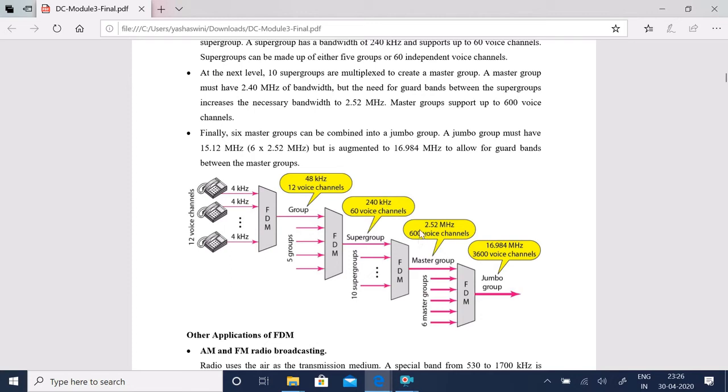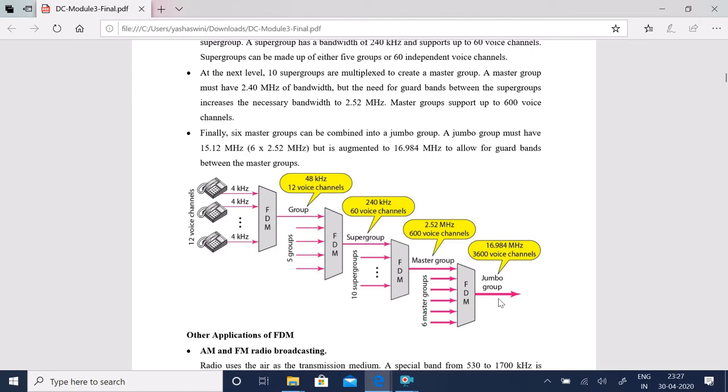When you multiply, you will get around 2.52 megahertz of bandwidth. So this is called a master group. These master groups are 6 in number, so you will have around 3600 voice channels with a bandwidth of 16.984 megahertz. This is a jumbo group.